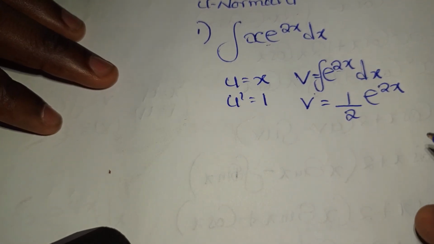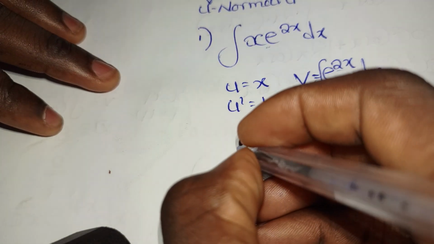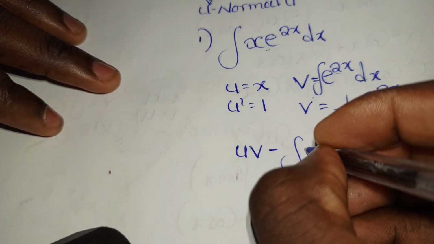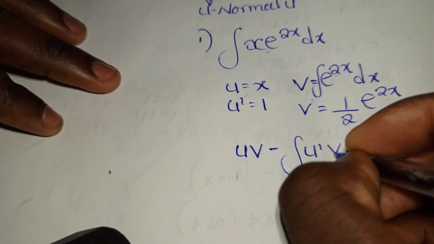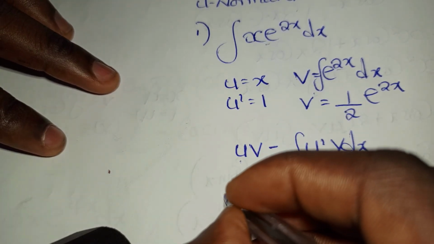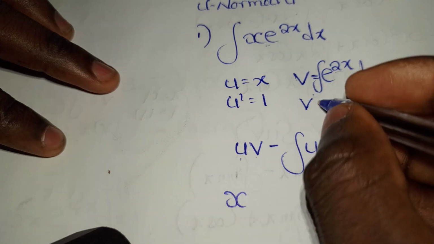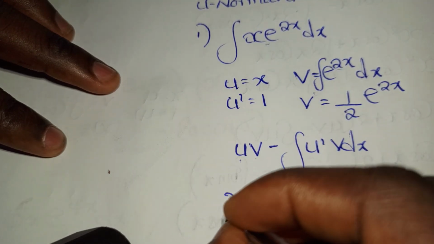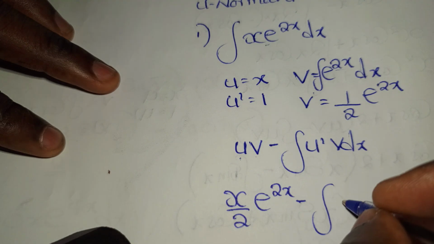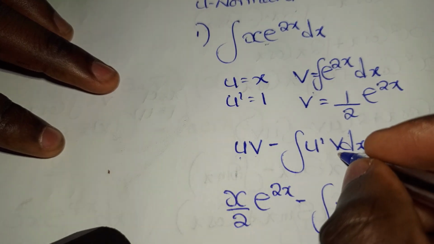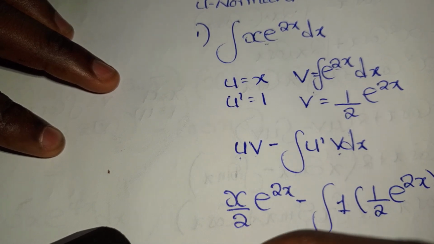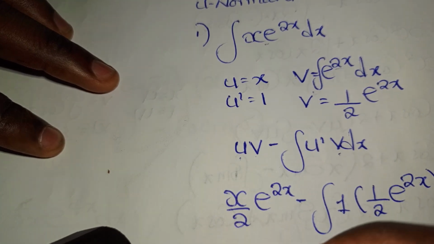Then how do you now integrate this by parts? We know we have u normal times v integral minus the integral of u prime and the v integral, where we have u to be the normal one in this case, which is x, and the v to be the integrated one, which is 1 over 2 e to the power 2x, minus the integral of u prime, in this case it is 1, and the integral of v, in this case it is 1 over 2 e to the power 2x, where we will have x over 2 e to the power 2x.